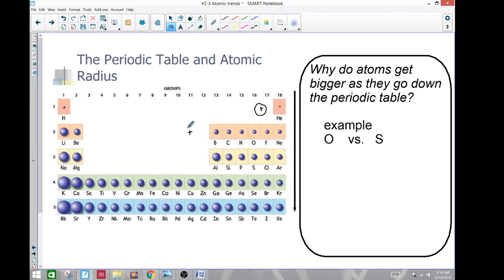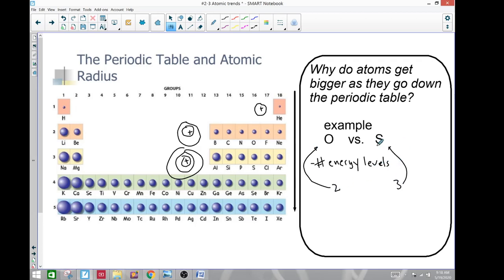This one has 2 electron shells, and this one has 3. So it really has to do with the number of energy levels. This one only has 2 energy levels, whereas this one has 3. Therefore, this one is bigger. That's really all it comes down to.